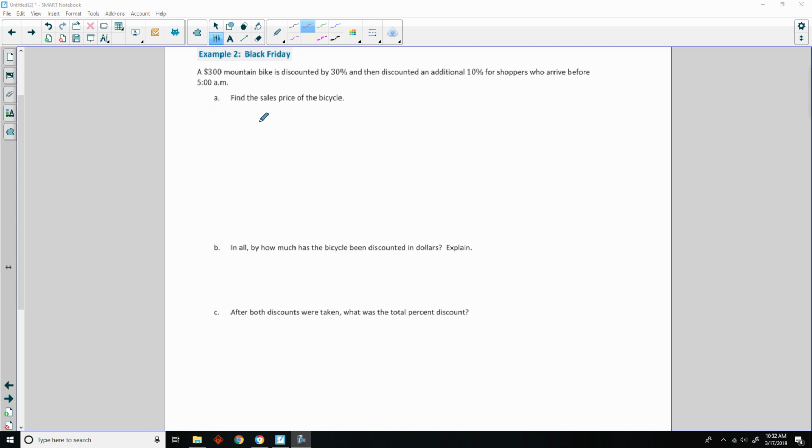So what we want to do here is assign a variable. We're going to let D equal discounted price. We use the equation, quantity equals percent times whole. Our quantity we're looking for is our discounted price.